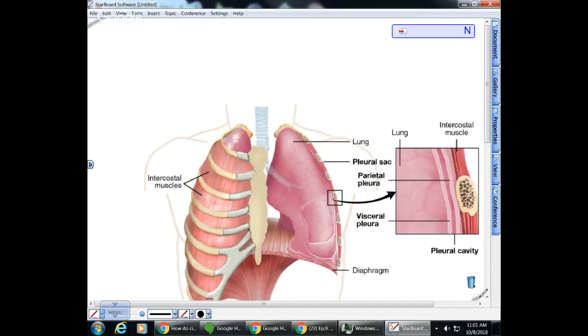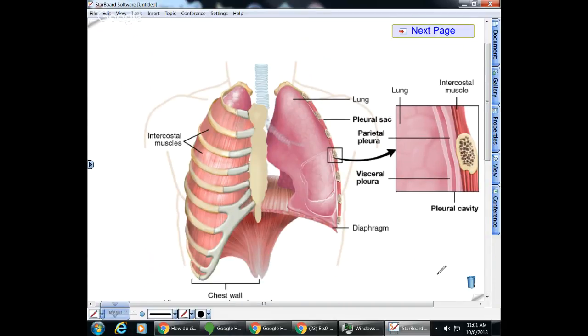Okay, if we look at a diagram, we can see the visceral pleura, the innermost, the parietal pleura, the outermost, and then that space which would be filled with fluid. You can also see the diaphragm in this image.